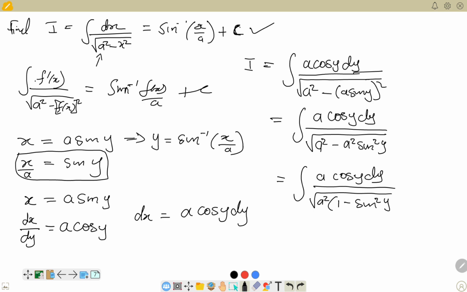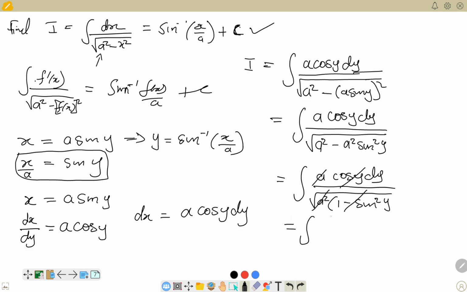The square root of a square is just a, so it cancels with that a. And we have already seen that 1 minus sine square y is cos square y. Because it's inside the square root, it cancels with cos y there.